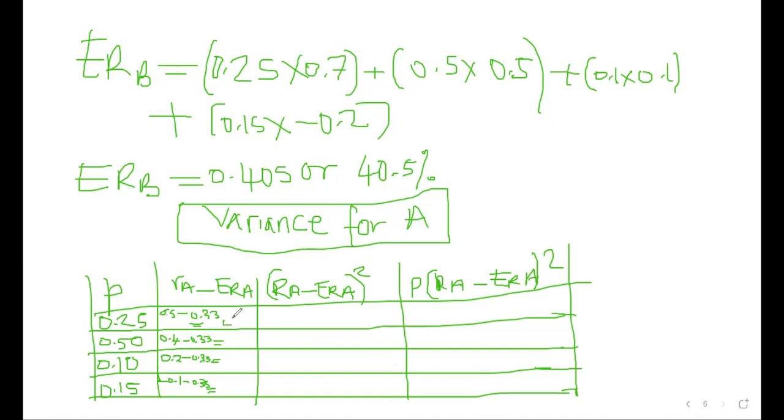This one will give us 0.17. Then you square it to find the second column. So that answer is 0.0289. Now, for the last column, you just multiply by the probability, the P. Are we together?